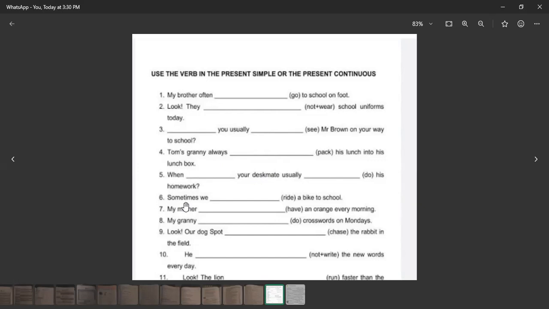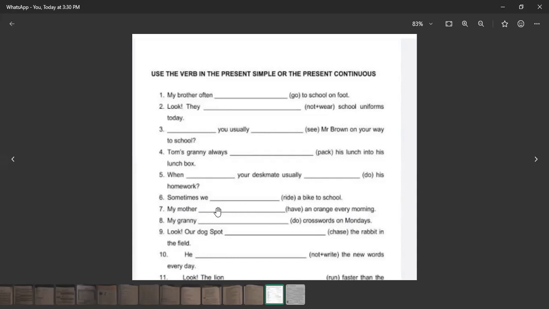Okay, Adel. sometimes we a bike to school. sometimes we ride, yes, ride a bike to school, because with they, we, you, I, the verb is in the infinitive without s. Very good. Okay, Omar. My mother between brackets have an orange every morning. We said the word every morning, every evening, every day, every month. When we see the word every, I use the present simple.